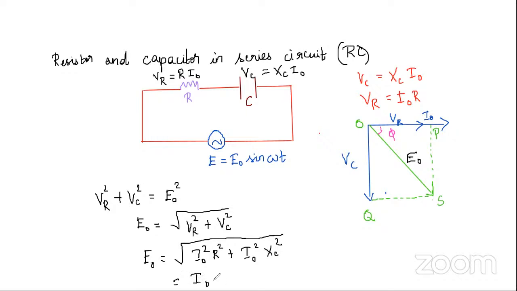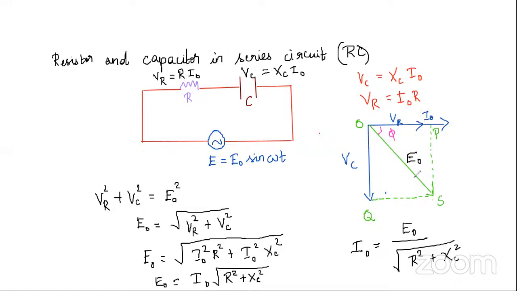So E0 equals I0 into the square root of R squared plus XC squared. If you want to find I0 from this equation, I0 will be E0 divided by the square root of R squared plus XC squared, where XC is the capacitive reactance.